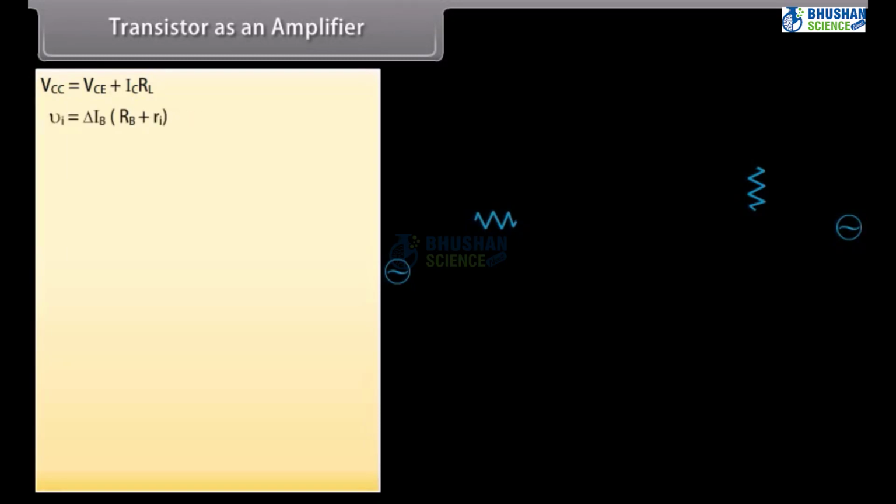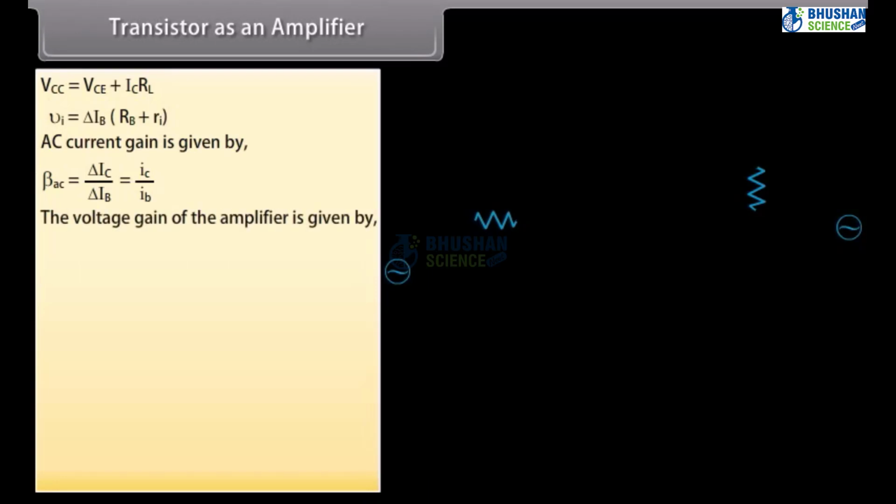Delta Vi is equal to delta IB multiplied by RB plus Ri. AC current gain is given by beta AC is equal to delta IC upon delta IB. The voltage gain of the amplifier is given by AV is equal to delta VCE upon Ri delta IB.